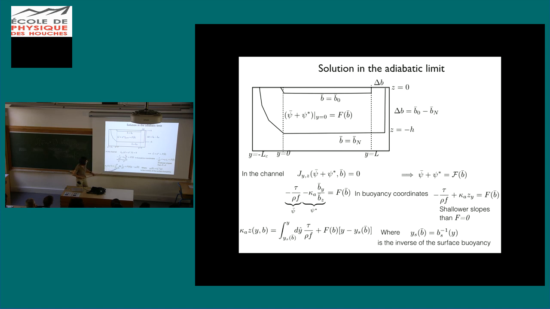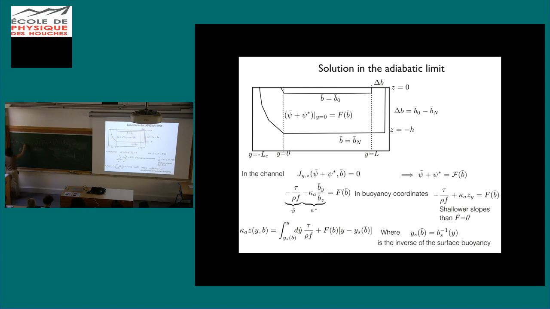And you integrate up to a value of y, which is a function of b bar. And what is this thing? I mean, what is ys of b bar? Well, it's just the inverse of the surface boundary condition. Okay, so you know that Bs, the boundary condition at the surface, so b bar at z equals 0 is Bs of y, say, I don't know, sine of pi y over some length.